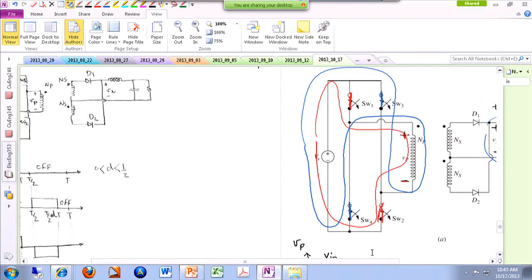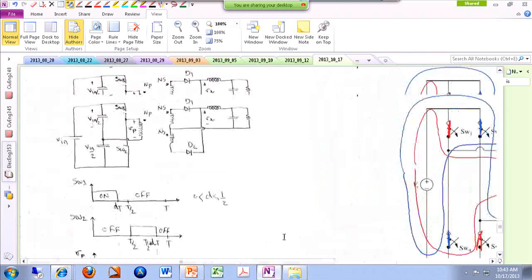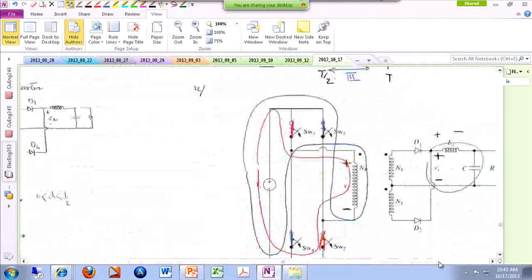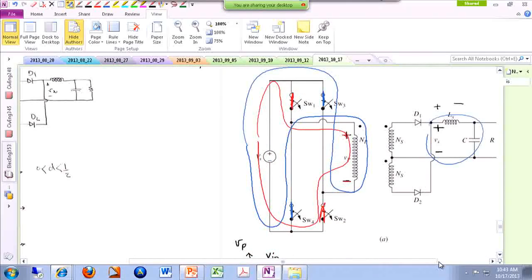We pass it through a transformer, then we rectify it, then we apply a low-pass filter to actually obtain its DC value and apply that to the load. Now, you may argue that this converter is a little bit expensive because we have to pay for 4 switches. And obviously the reliability also comes in, and the gate drives and things like that.